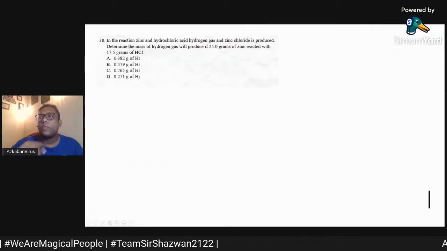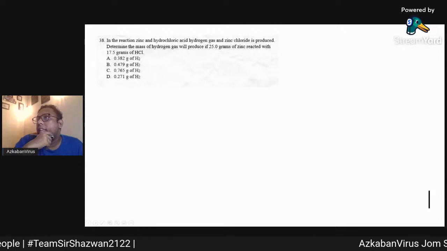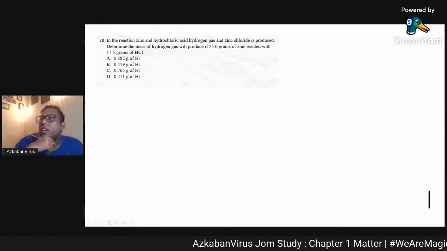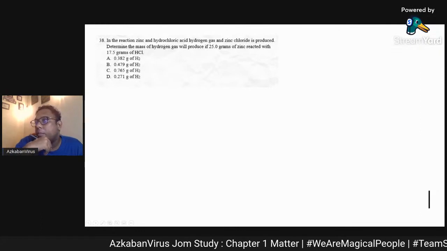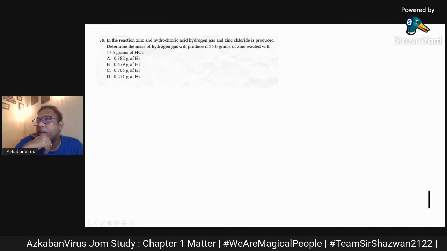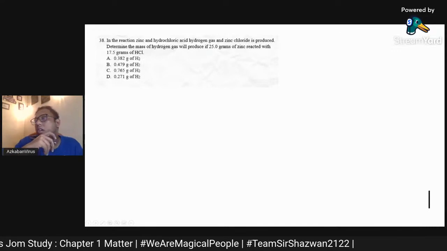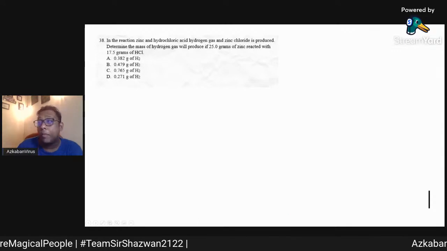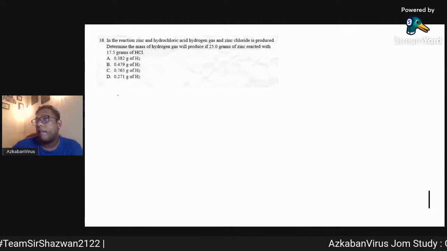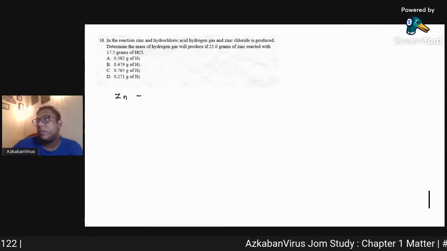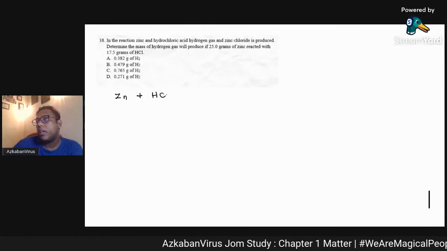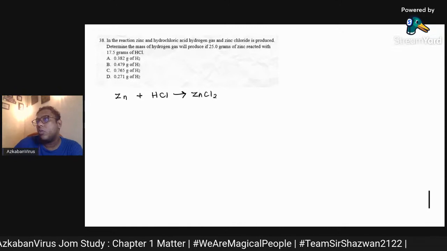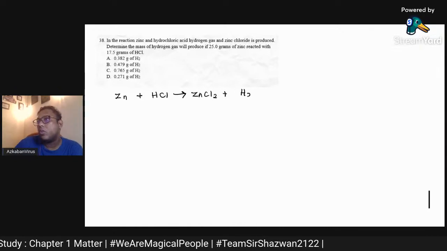Okay, next. In a reaction between zinc and hydrochloric acid, hydrogen gas and zinc chloride is produced. Determine the mass of hydrogen gas will produce if 25 gram of zinc reacted with 17.5 gram of HCl. Panjang kerja dia ni. Soalan nampak pendek kan? Tapi kerja dia banyak ni. Zinc tambah HCl menghasilkan ZnCl2 plus H2.